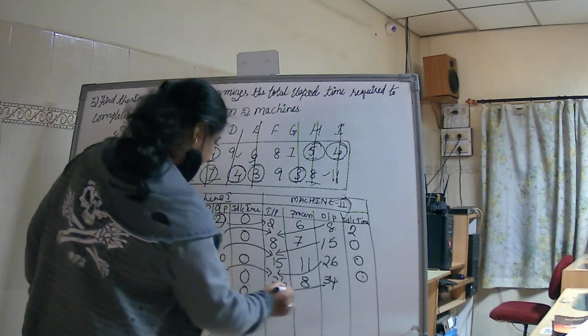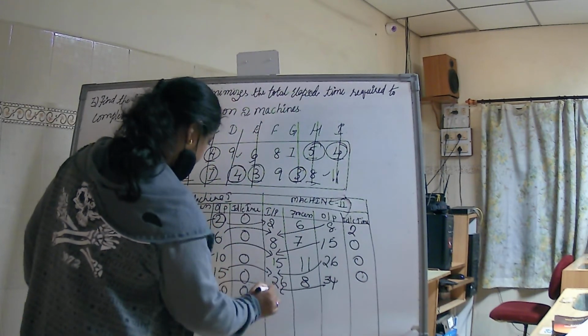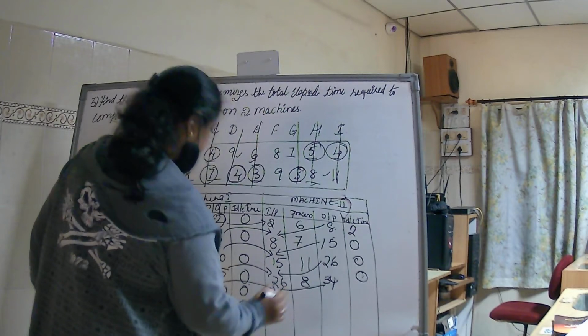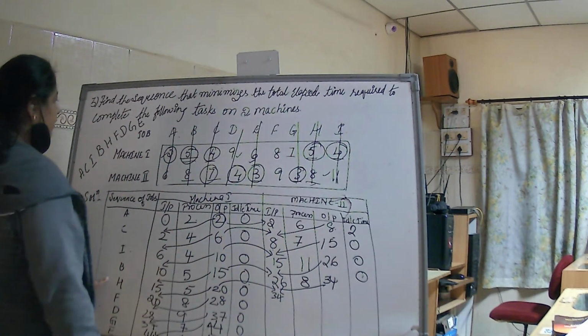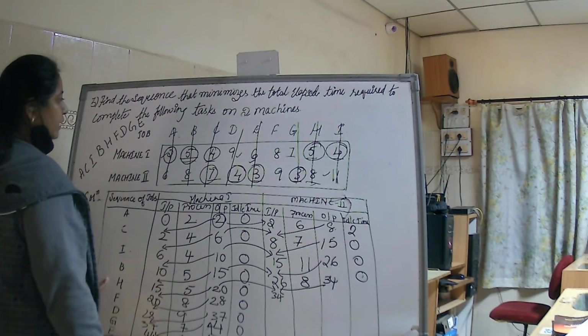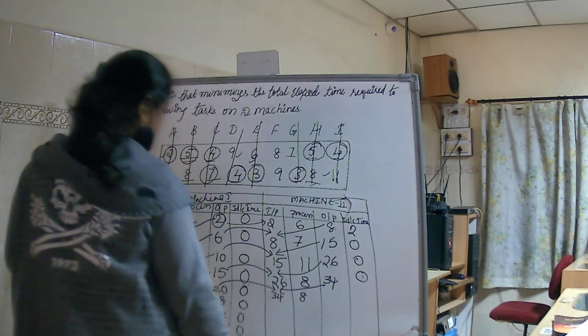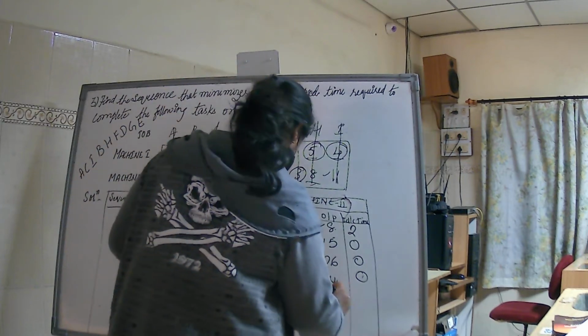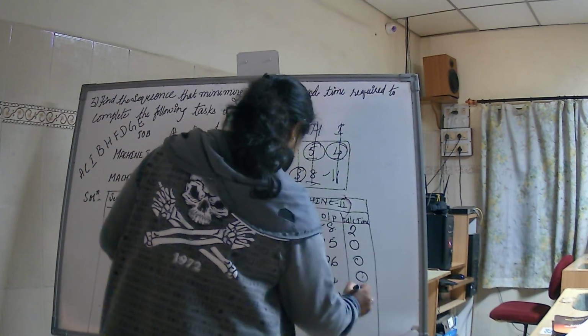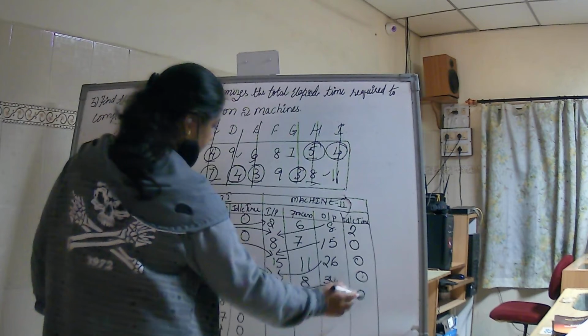The next 34 and 20. 34 is the highest, that is process value for H, machine 2, is 8. So it becomes 42 and idle value is 0. 34 minus 34 will be 0.